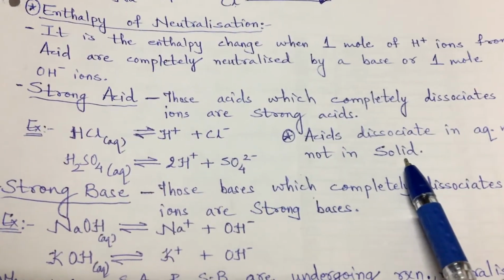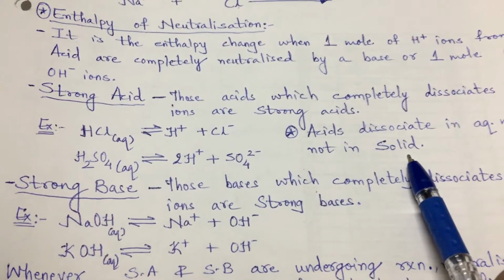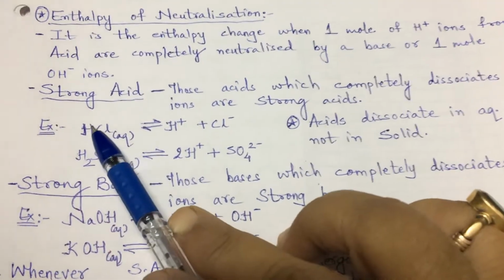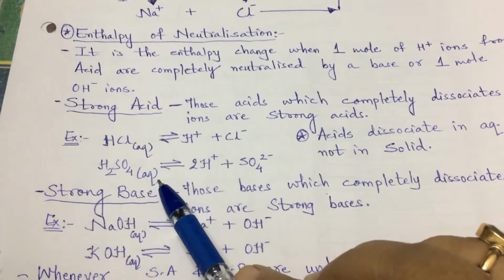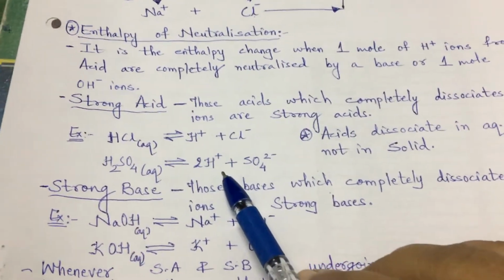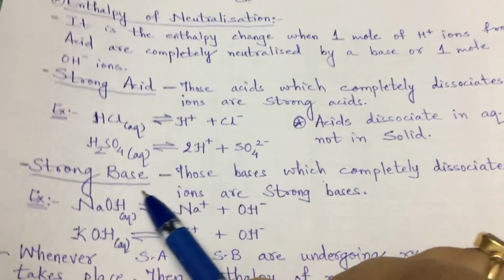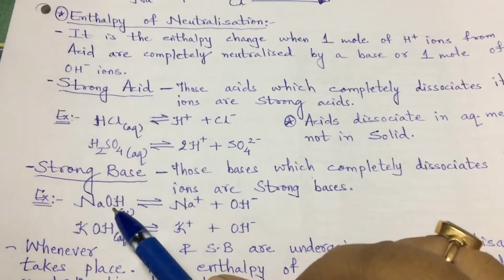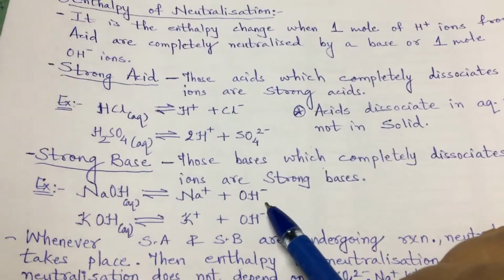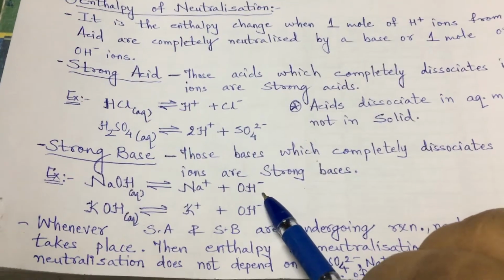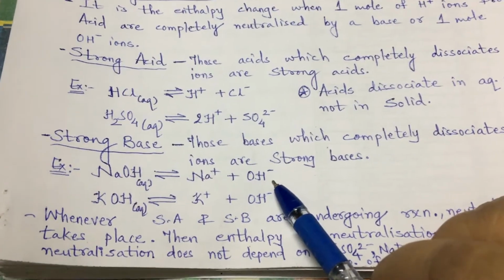We should keep in our mind the Arrhenius theory. Any substance which consists of hydrogen and when it reacts with water gives hydrogen ion, then it is an Arrhenius acid. Any substance which contains OH and reacts with water and gives OH minus ion, then it is a base. This is the Arrhenius theory.